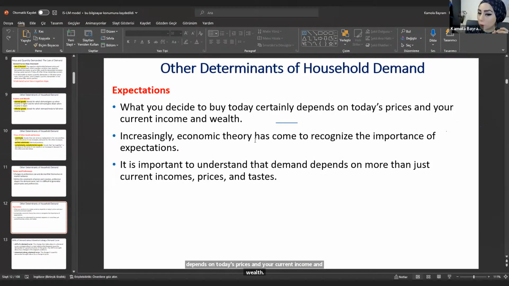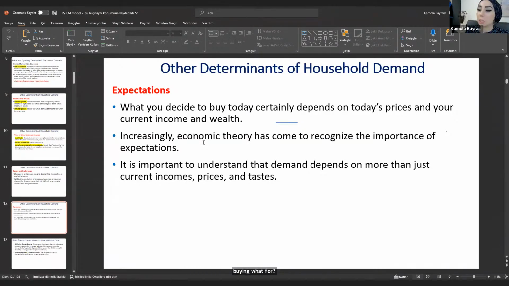Increasingly, economic theory has come to recognize the importance of expectation, because people, when they decide to buy something, for example, again, during COVID, you remember that the price of toilet paper increased, right? It was a global phenomenon. But people kept buying it because they know that tomorrow they will not have toilet paper in the stores. There will be a shortage of toilet paper. So the expectation was that there will be a shortage. And as a result, I'm buying for whatever price, even for a higher price.